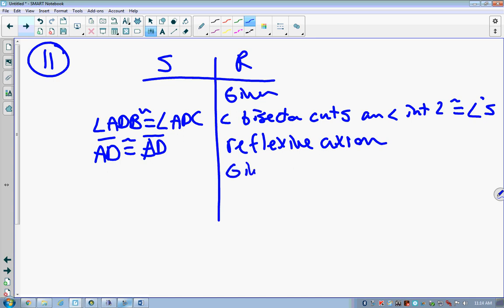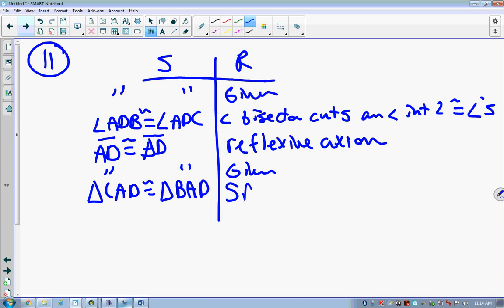I just didn't list it up at the beginning, so you guys should know what that is, right? That should be enough information to tell me that triangle CAD is congruent to triangle BAD. Through what? Does anybody know? Side angle side congruency postulate, right?